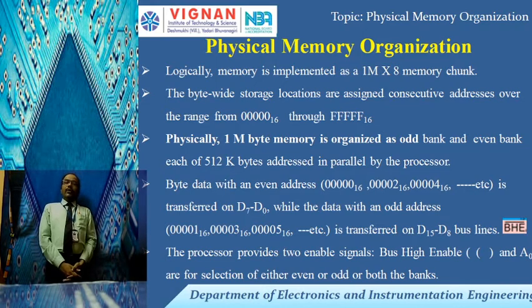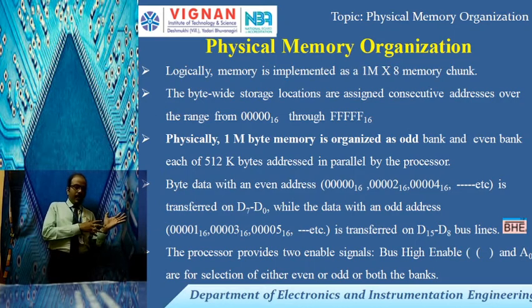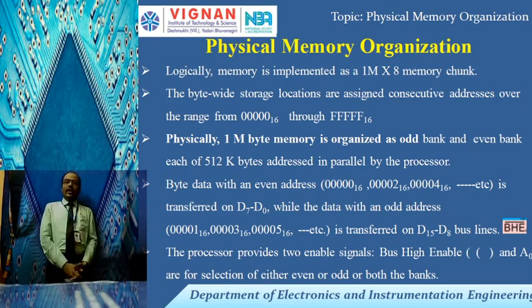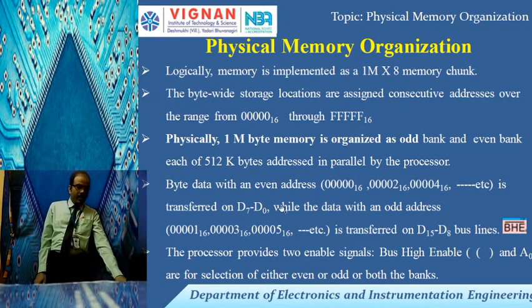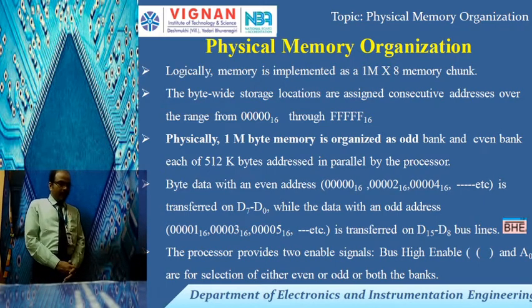The byte data with an even address is transferred through the lower data bus, D0 to D7, while data with an odd address is transferred through the upper data bus.